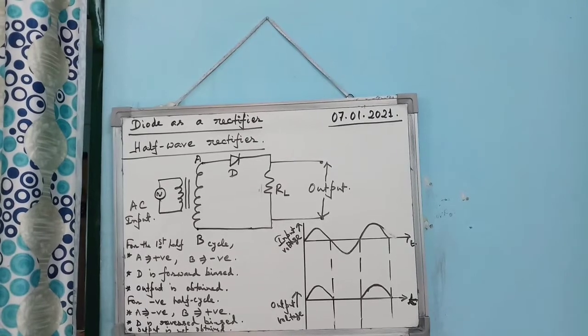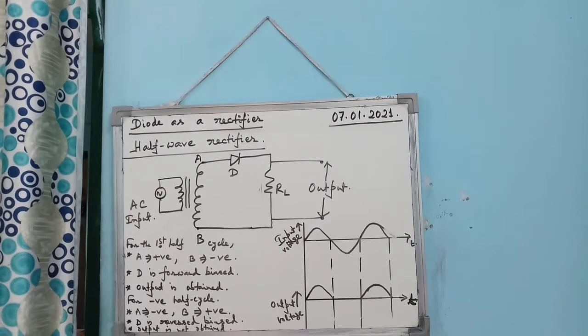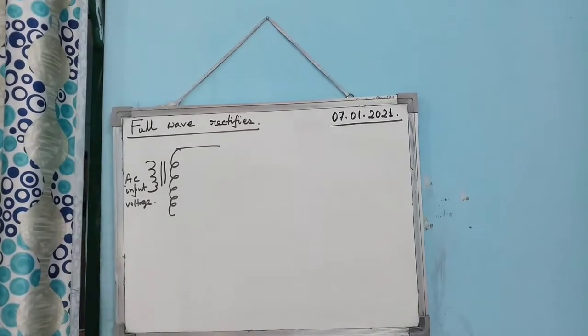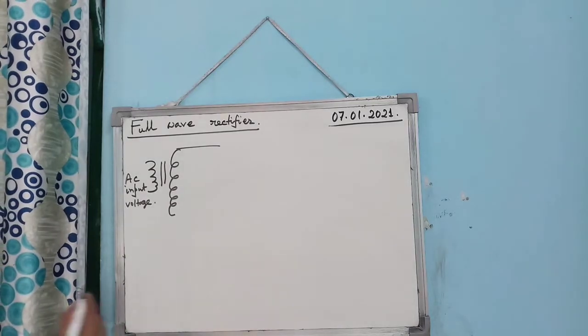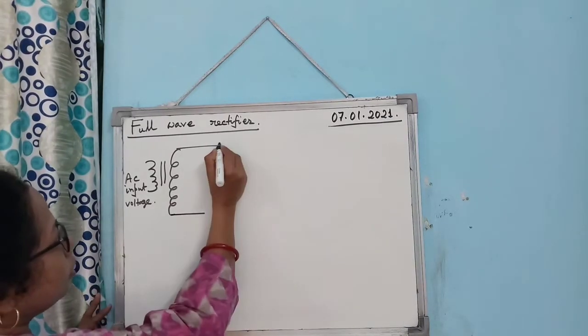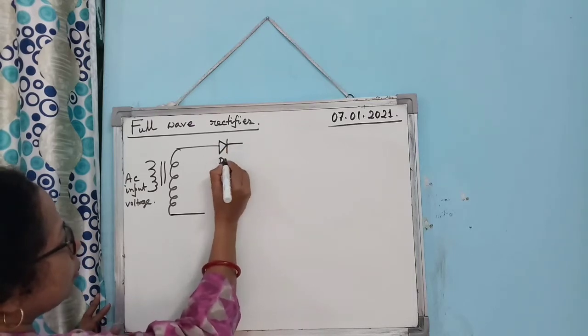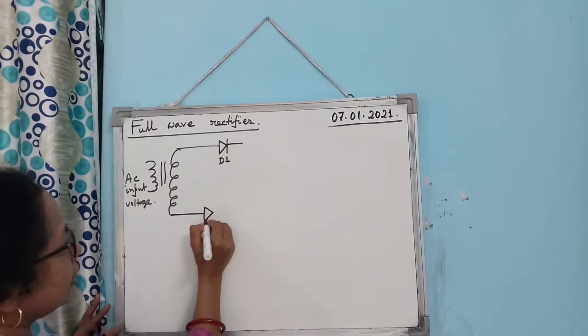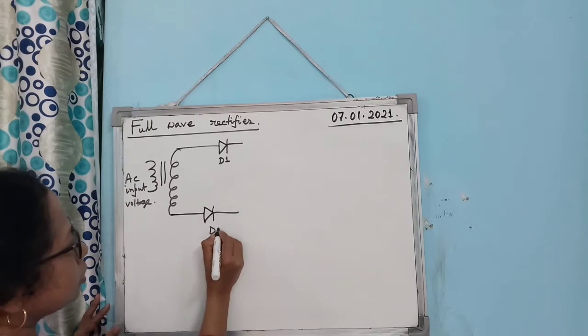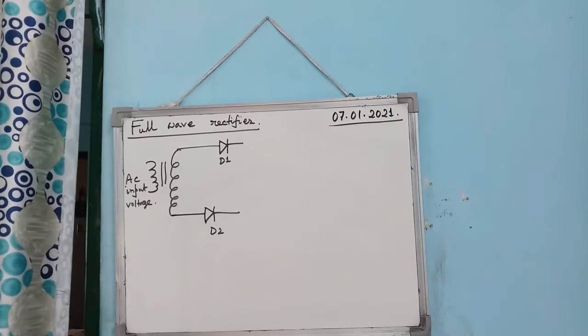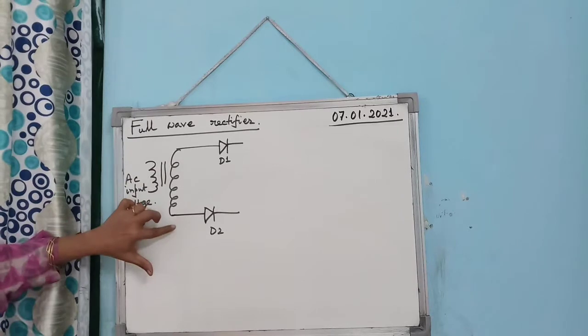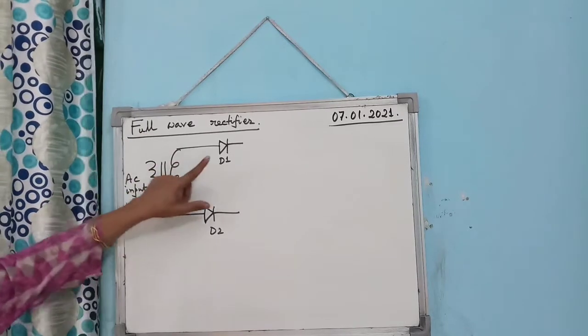The next is the full wave rectifier. Now for the full wave rectifier, instead of using one diode, we take the help of two PN junction diodes. So suppose this is diode D1 and this is diode D2. You see how the circuit connection is made with the AC input and the secondary coil.